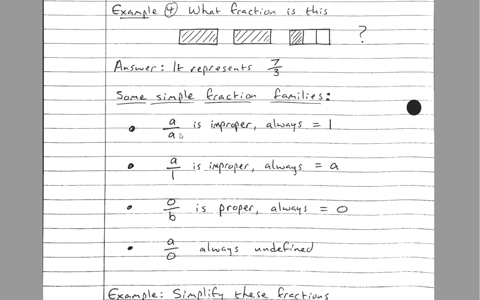We saw 6 over 6 before, or 8 over 8. Any number, 117 over 117, that just represents 1. So the whole rectangle will be shaded in, just one whole rectangle, or one circle. Anytime you see a fraction like this, it simplifies to 1.